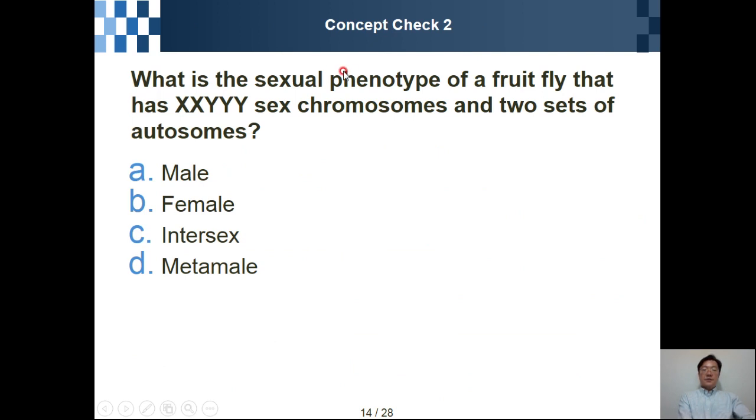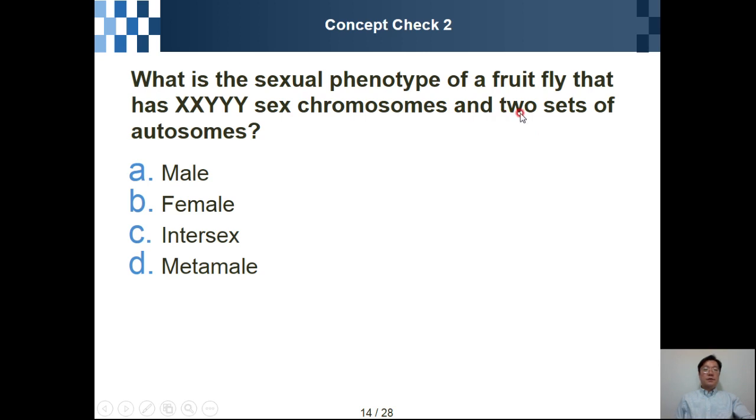And the concept check. What is the sexual phenotype of a fruit fly that has XX, YYY sex chromosomes and 2 sets of autosomes? So what is the number of X chromosomes? 1 and 2.